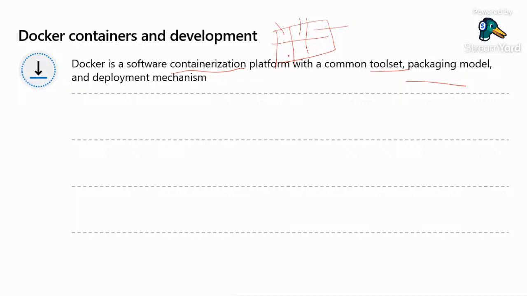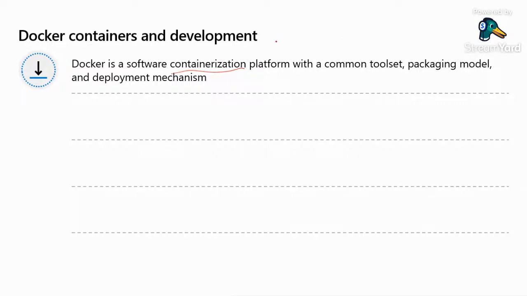So there would be multiple teams in your organization, and for different teams it is a common tool set that you are using. Every team, or you can say every business unit, would be developing their web applications or any kind of applications, but the common tool set that would be used in every business unit would be Docker.